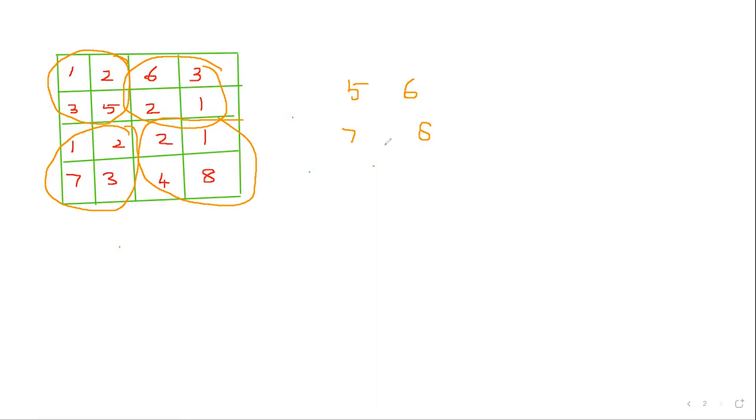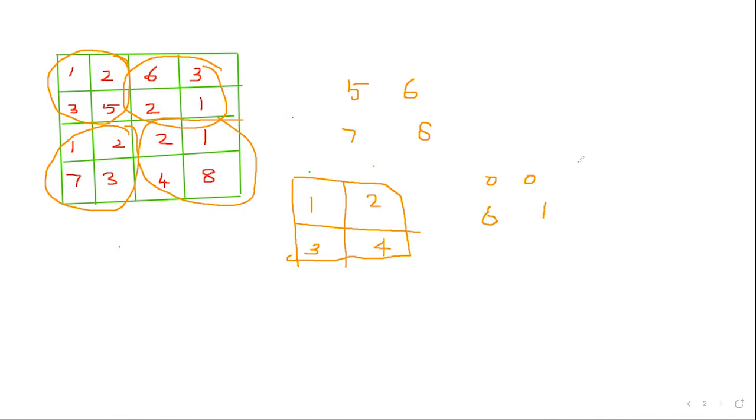So in case we do maximum unpooling, what will happen now? 1, 2, 3, 4. We use positions from the pooling layer, right? So what I'm doing now is maximum unpooling. Here it will become 0, 0, 0, 1.